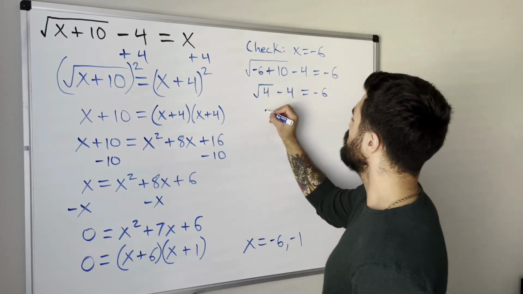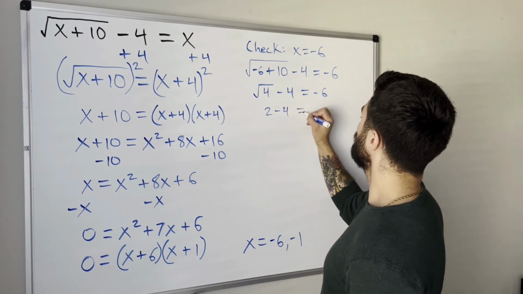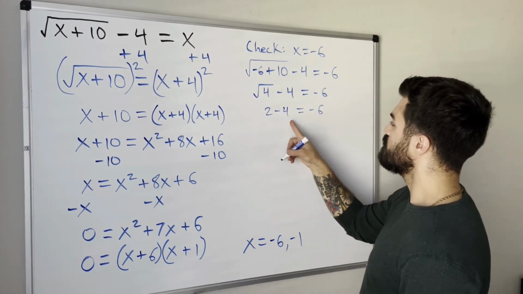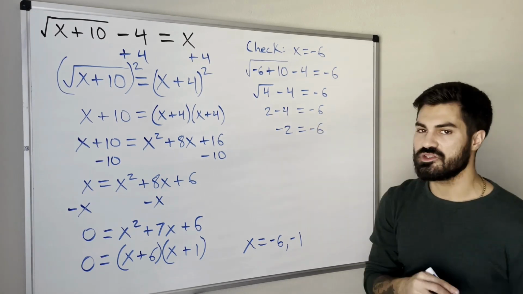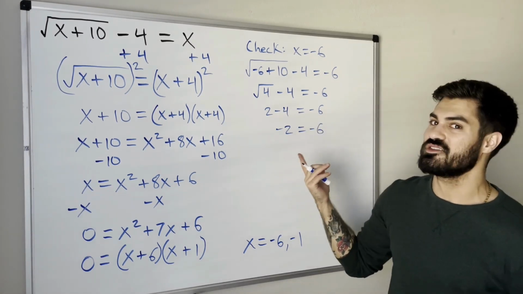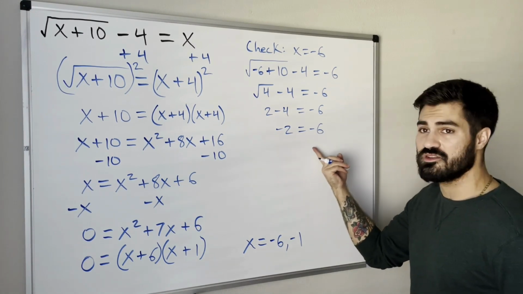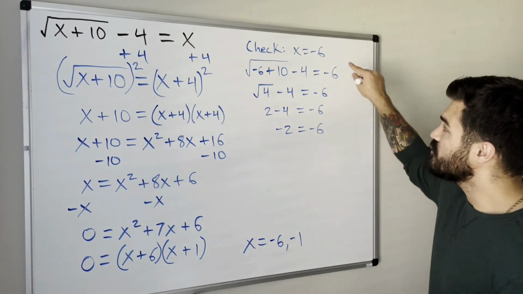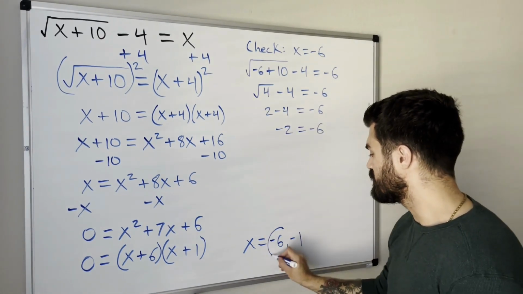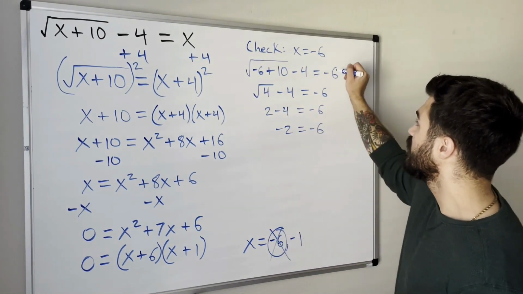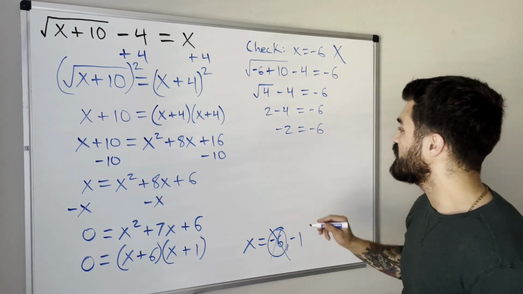The square root of 4 is 2. So 2 minus 4 equals -6, but 2 minus 4 is -2. And that does not equal -6. So this gives us a nonsense equation. -2 equals -6. That's a contradiction. So -6 does not work as a solution to the original equation. Let's circle that, put a big X through it. Nope, does not work.